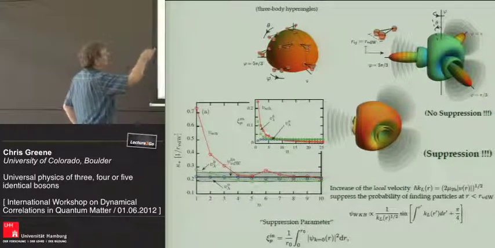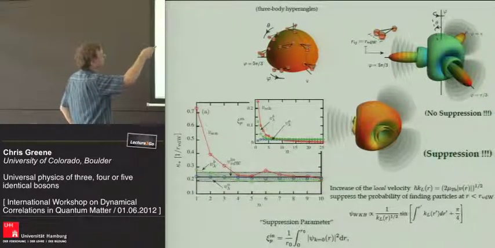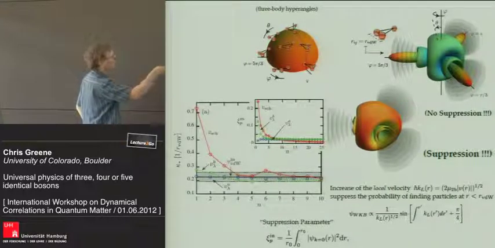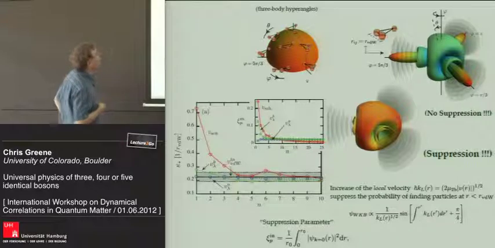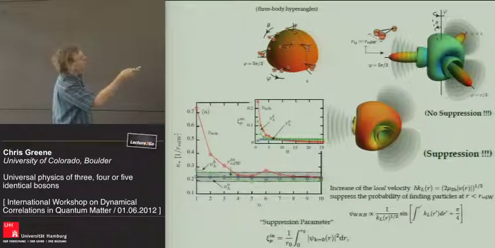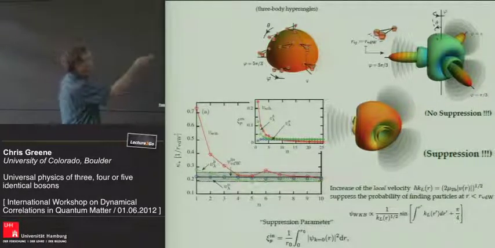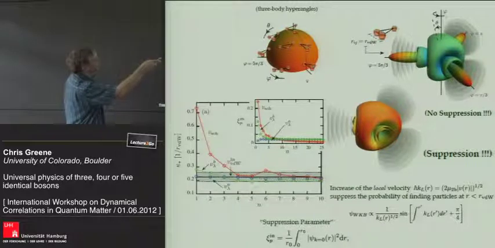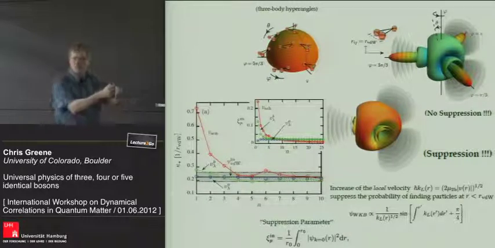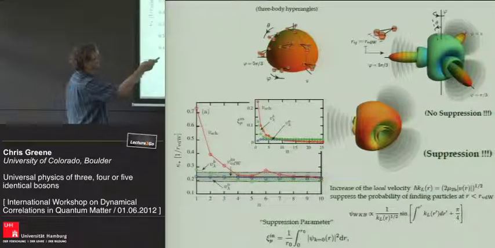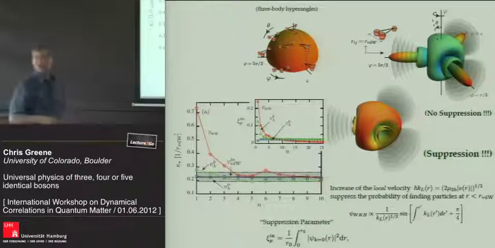There is a much higher probability to be at short distances in this Sech-squared than there is in this van der Waals or Lennard-Jones type potential. You can also see it from these three-dimensional graphs looking at the wave functions in the hyperangular space. This is the Sech-squared case, and these are the valley parts of the wave function where two particles are trying to come together. The Sech-squared has a lot more amplitude in those valleys than the Lennard-Jones type problem.